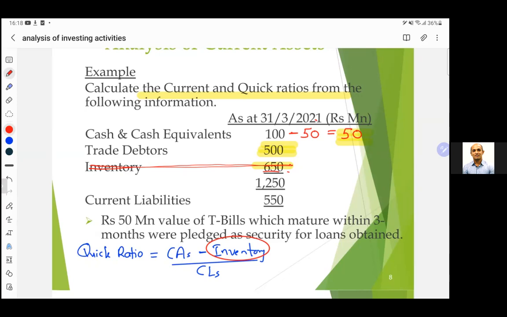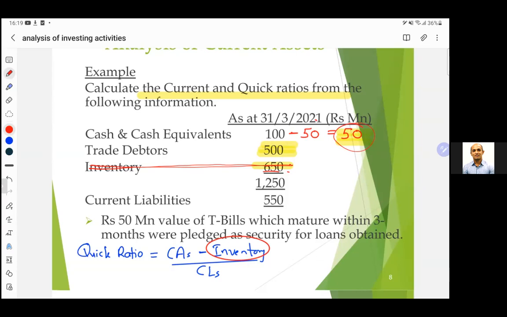Now we'll assume for our example the entire inventory liquidity is lower. Then for the quick ratio calculation, you take only cash and cash equivalents and trade debtors. But you can take only cash and cash equivalents of 50, because the other 50 is not available for you to pay current liabilities.